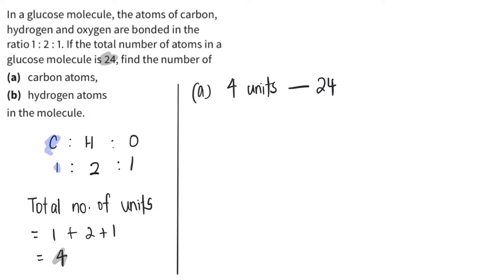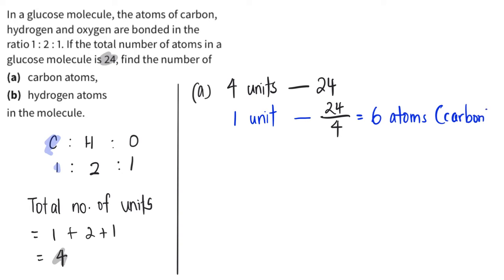And our job now for carbon, which is 1 unit, is simply 24 divided by 4, and I will get 6 atoms. Okay, so 6 atoms for carbon. Done.